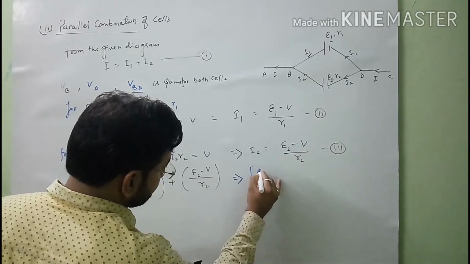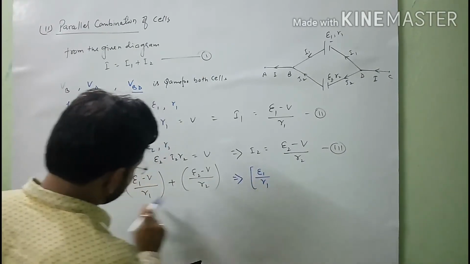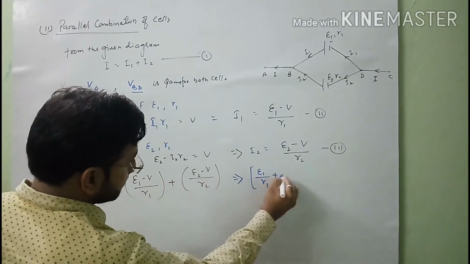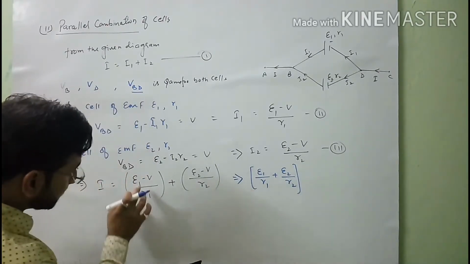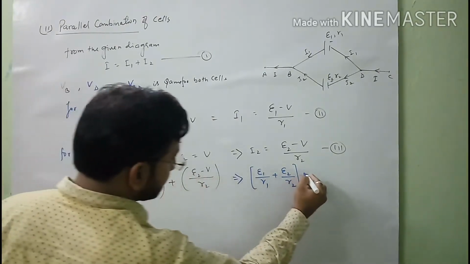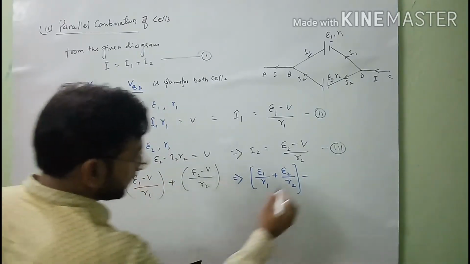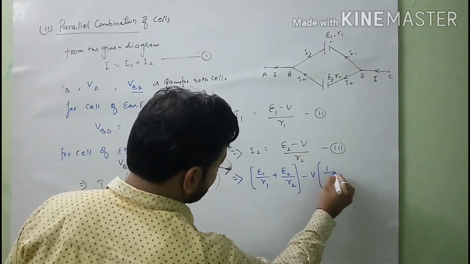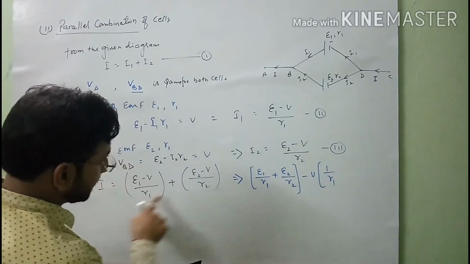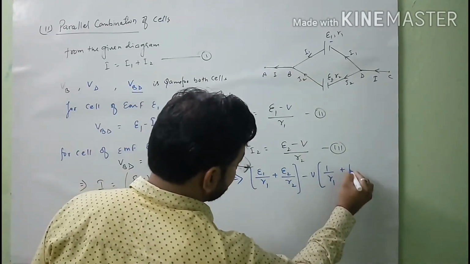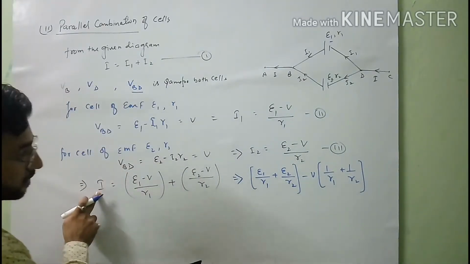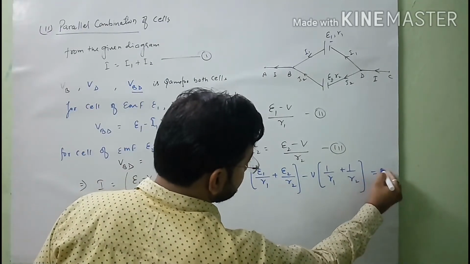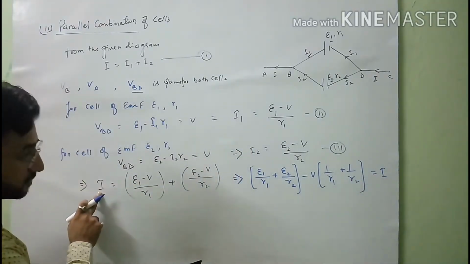So I will write like this: epsilon 1 over R1 plus epsilon 2 over R2, after rearranging, minus, taking the minus sign common, V times 1 over R1 plus 1 over R2. All of this is equal to I.